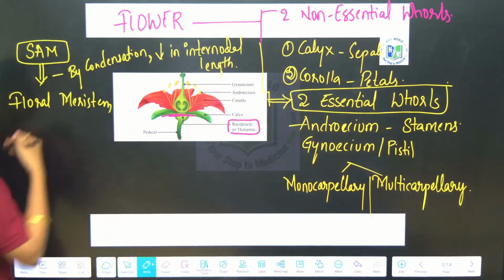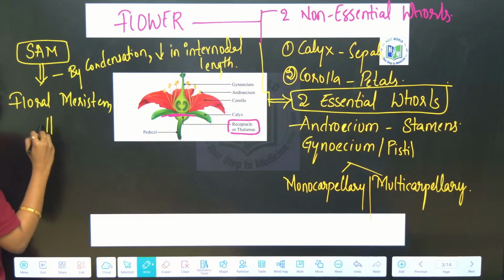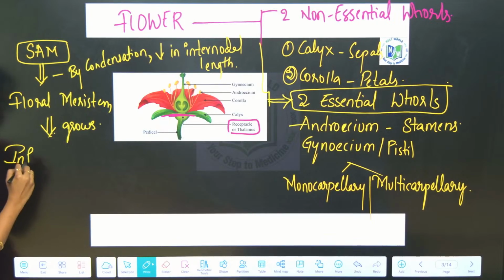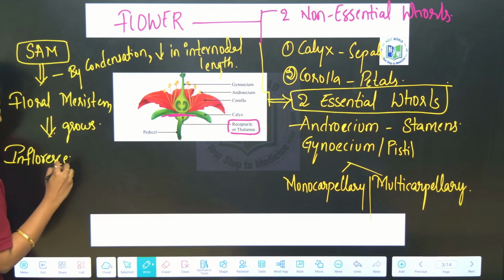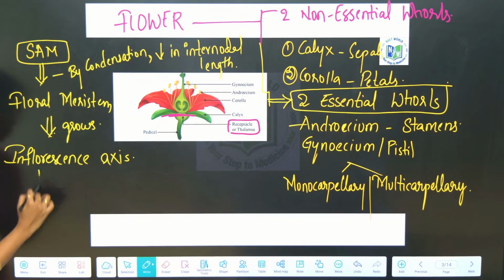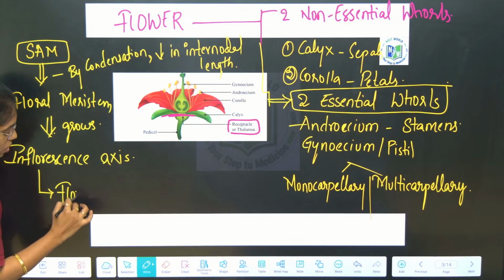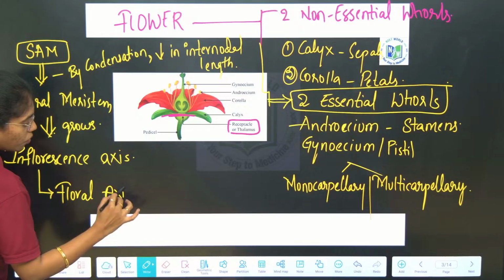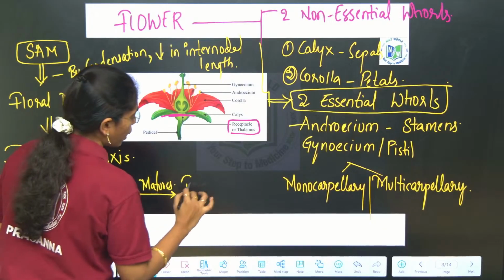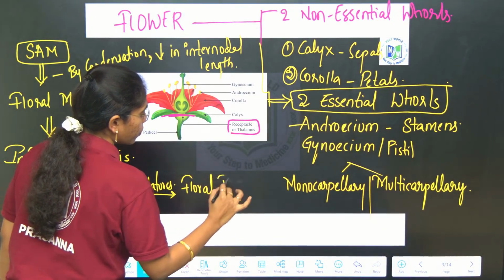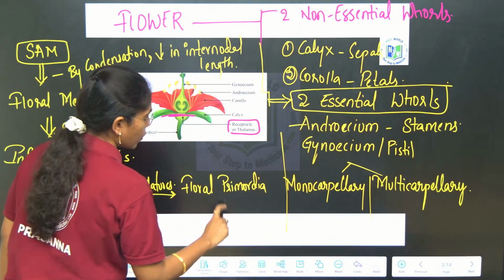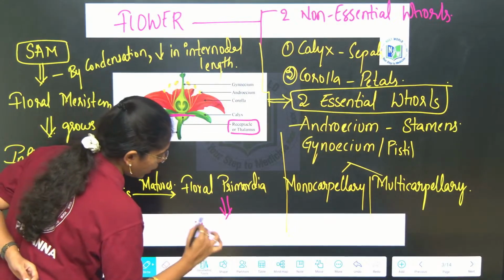First it turns to floral meristem. This floral meristem develops into an inflorescence axis. This inflorescence axis will develop to floral axis, which matures to floral primordia, lastly floral bud.